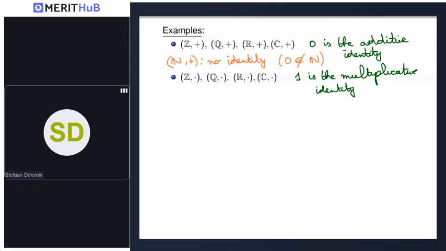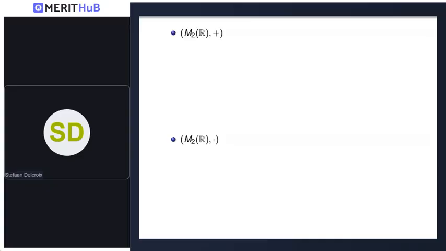Next, we're going to be looking at identity. So next is our matrices. For the 2 by 2 matrices, is there a matrix out there when you add it, it doesn't do anything?